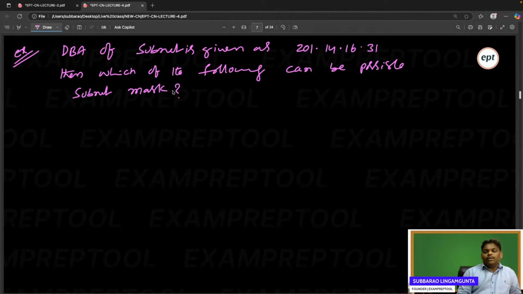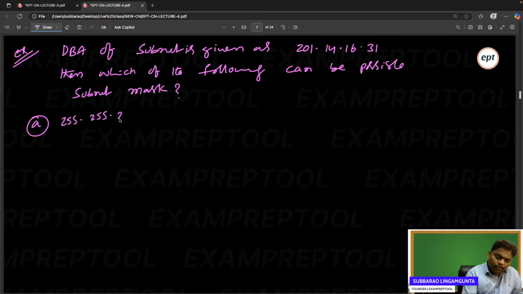DBA of subnet is given as 201.14.16.31. Then which one of the following can be possible subnet mask? Option A given as 255.192.